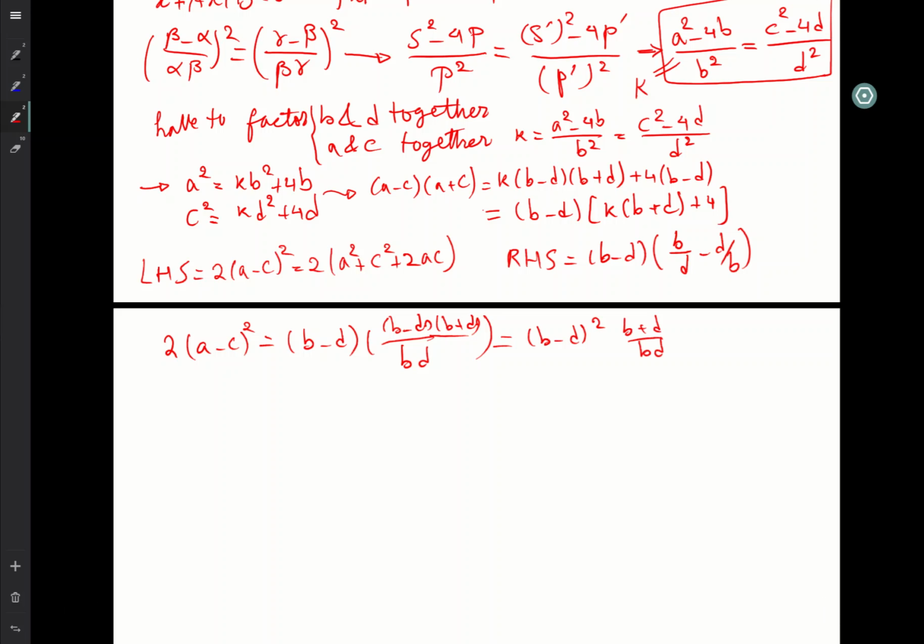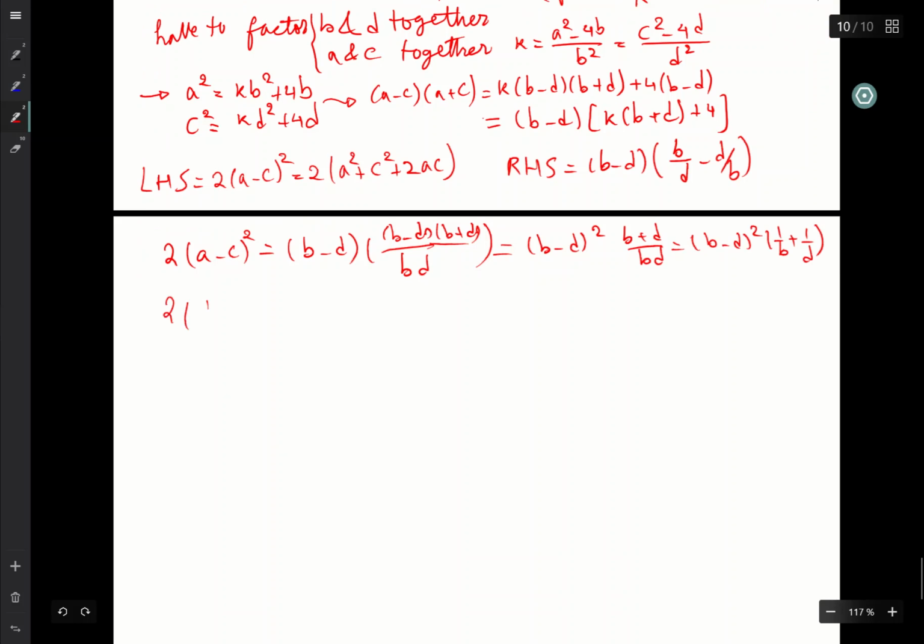And I can also write this in terms of b minus d squared times 1 over b plus 1 over d. But then this is 2a minus c over b minus d squared is 1 over b plus 1 over d, right? So we have to prove this.